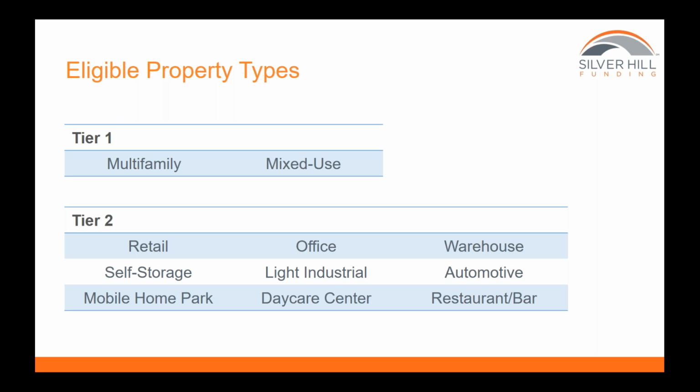Since we lend nationwide, we see them from many different markets. We also lend on Tier 2 properties. It's our preference to lend on commercial property, so we have a wide variety of different property types that we can offer financing on.